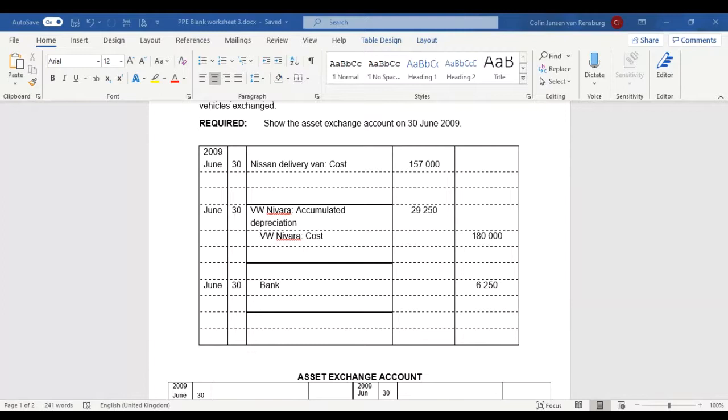Remember, expenses are debits, incomes are credits. So if we had needed a debit to make it balance, what would that then have represented? Profit or loss? Give me an answer.